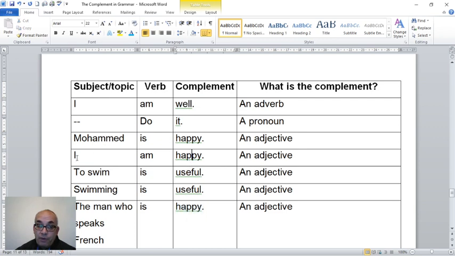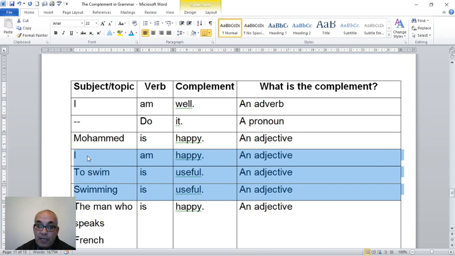So here, if you look at this one here, I use I as a noun, which is the subject, and the complement is an adjective. Here the complement is an adjective, but the beginning of the sentences, if you look, is different. Here is an adjective, and here is an adjective.